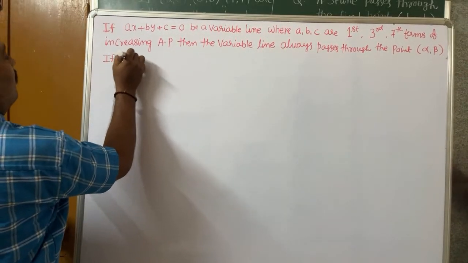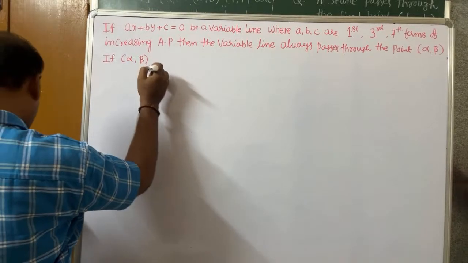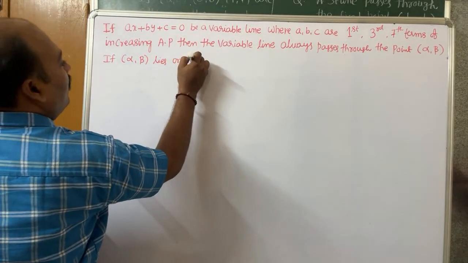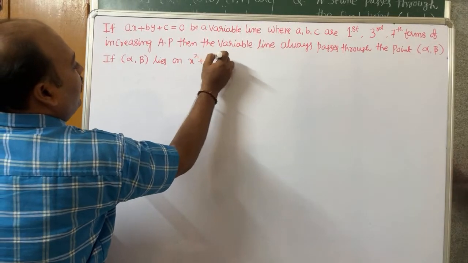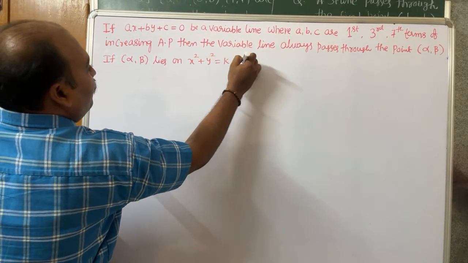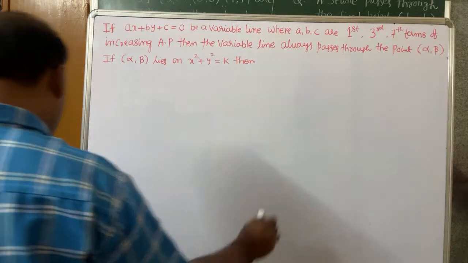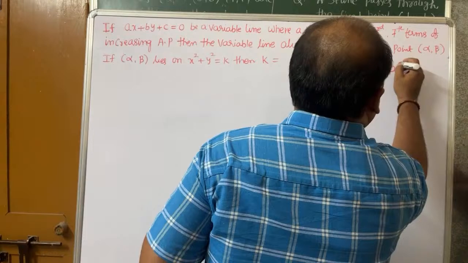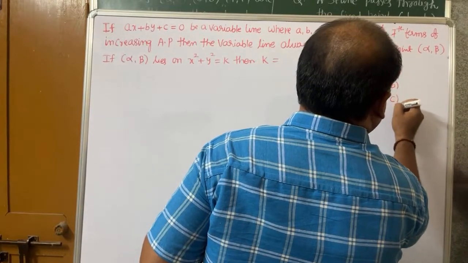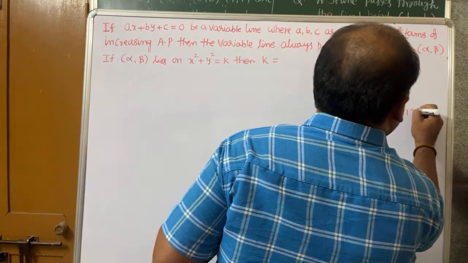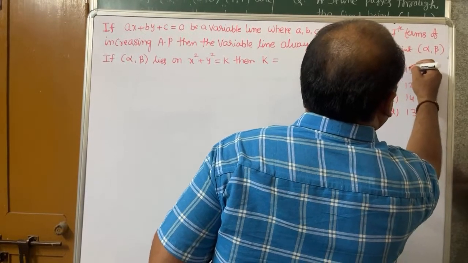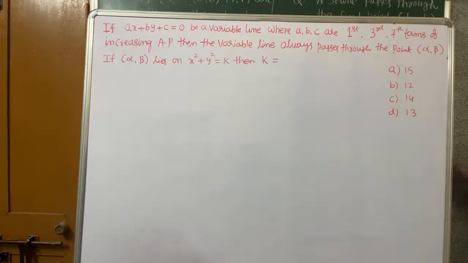If (alpha, beta) lies on x square plus y square equal to k, then k equal to? So the options here are 13, 14, 12 and 15. So this is the way they will ask the question.